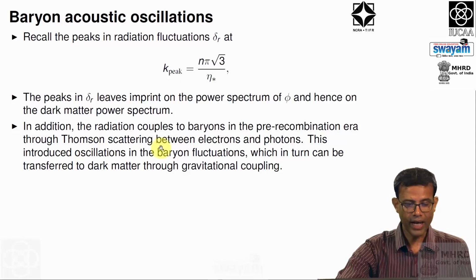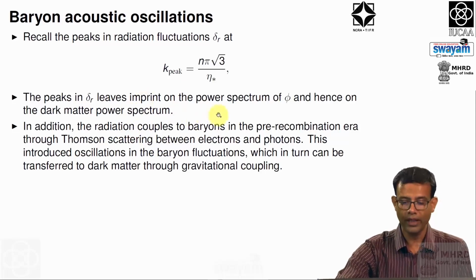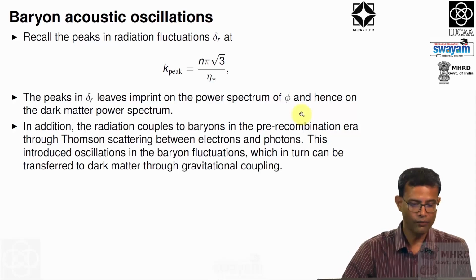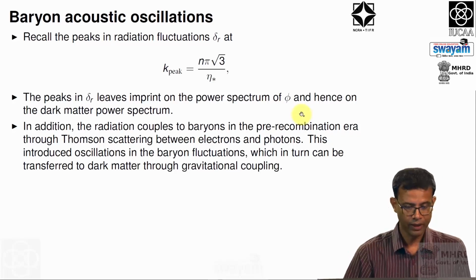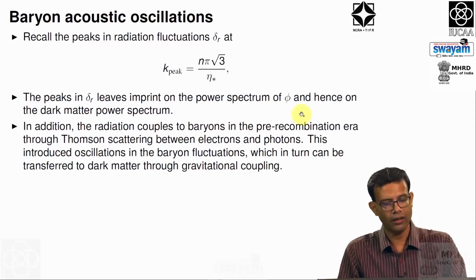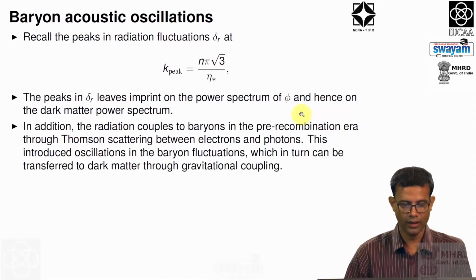On top of that, the radiation couples to baryons in the pre-recombination era, when electrons and photons were scattering off each other through Thomson scattering. This introduces oscillations in the baryonic density field, which in turn can be transferred to the dark matter through gravitational coupling. Remember, the dark matter does not couple to the radiation directly, but in an indirect way.